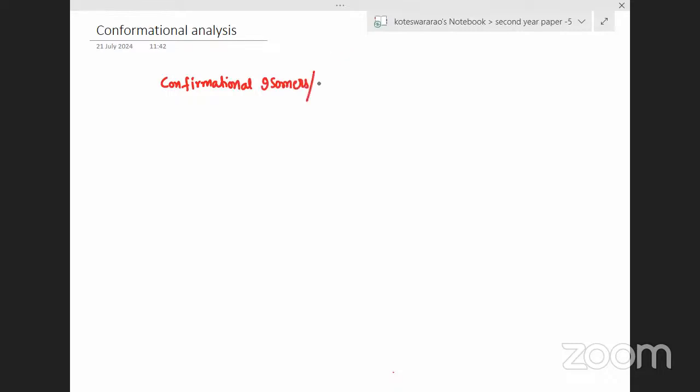Isomers are also called conformers, or rotational isomers, are the same.